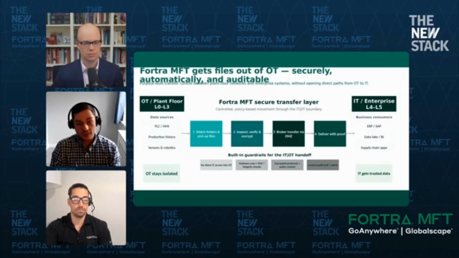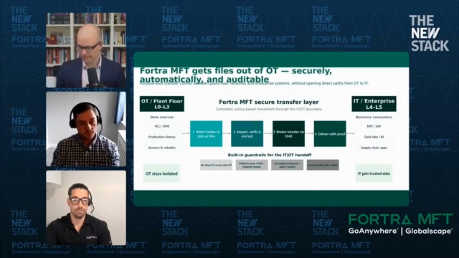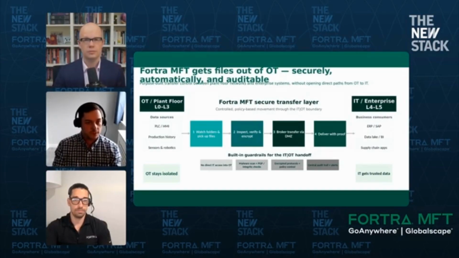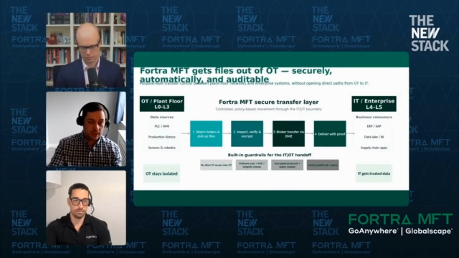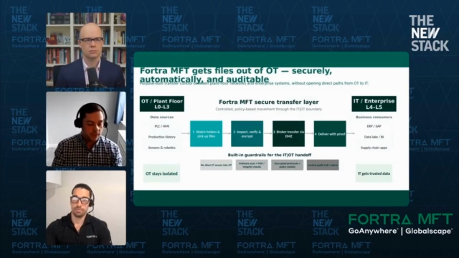And what's really nice about the solutions which we can offer is they can do multiple scans at different points. So we can scan towards the level 4 layer, or we could allow the transfer to go through, do another scan on level 3, and so forth.